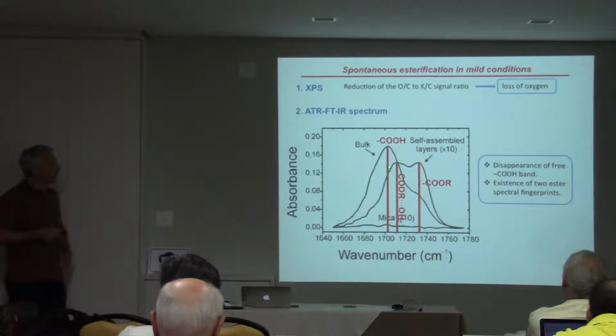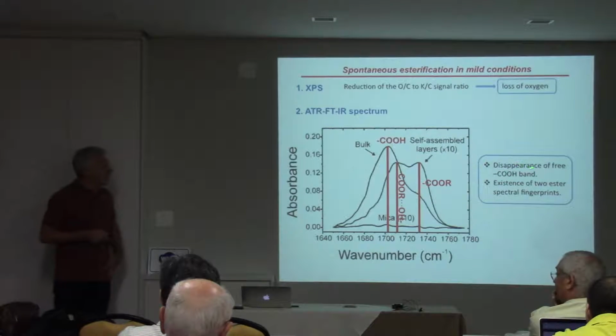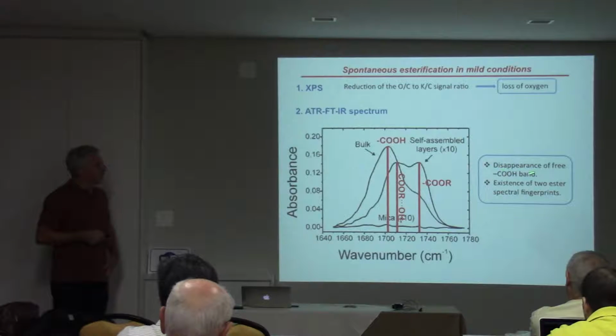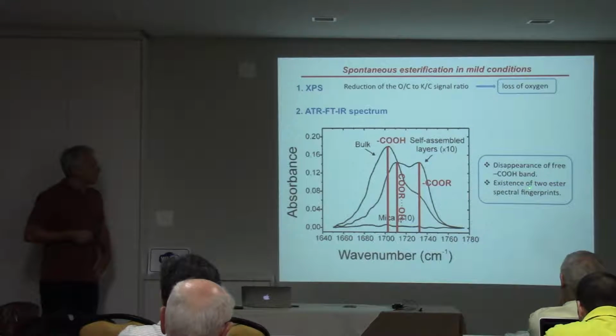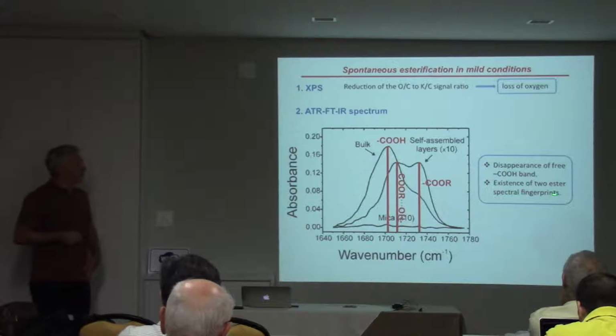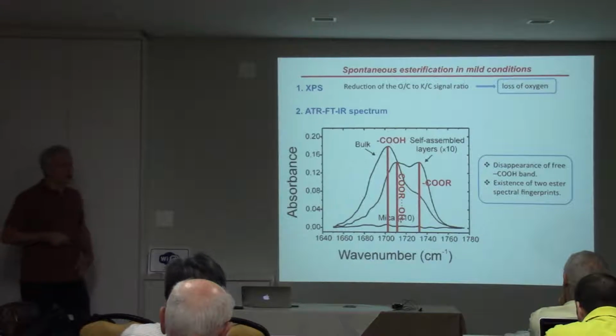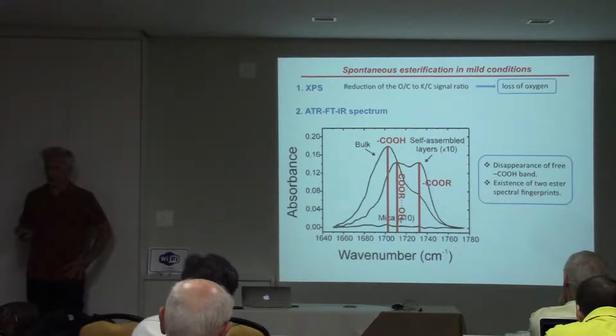However, what we find here is this other one. This other one doesn't have the signal from the carboxylic group anymore, and there are two new spectral fingerprints corresponding to the formation of ester.